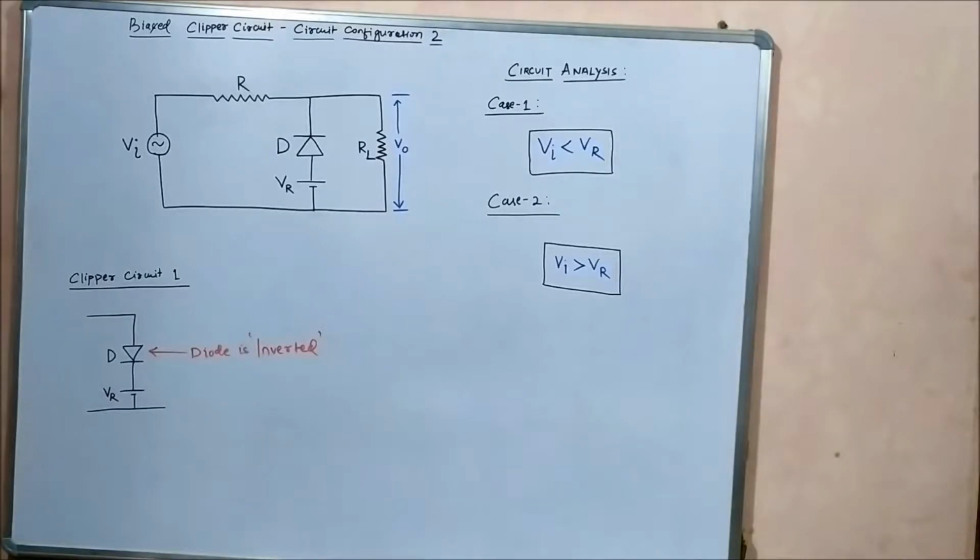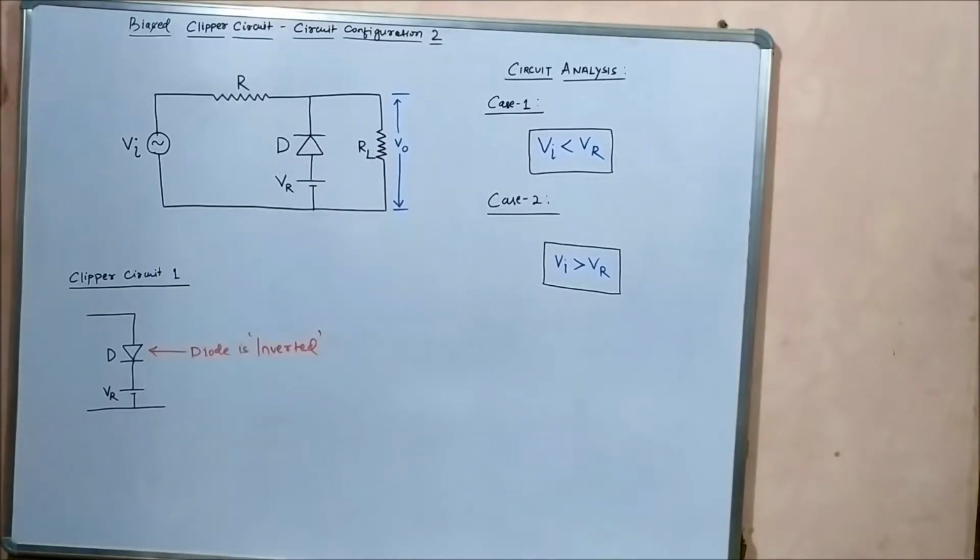In my first video related to biased clippers, I gave a basic introductory concept, where we discussed the basic definition of bias clippers and the various types of output that we can get for a particular input signal depending upon the various types of bias clipping configurations that we are using.